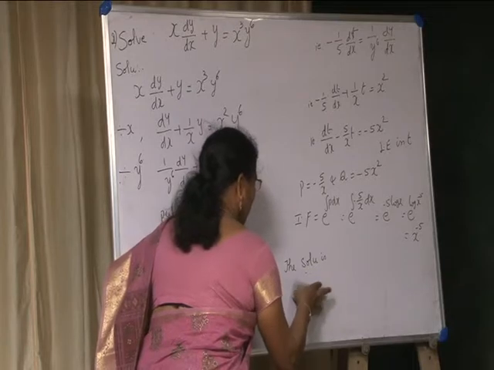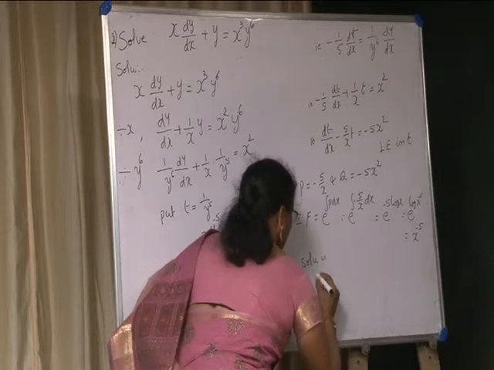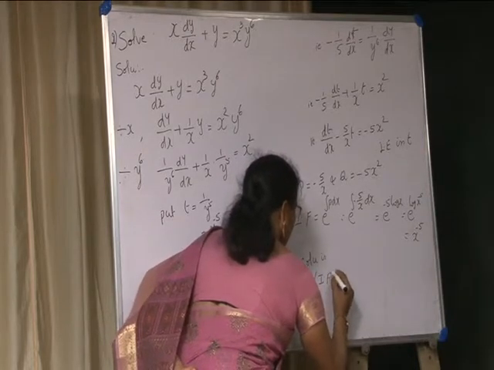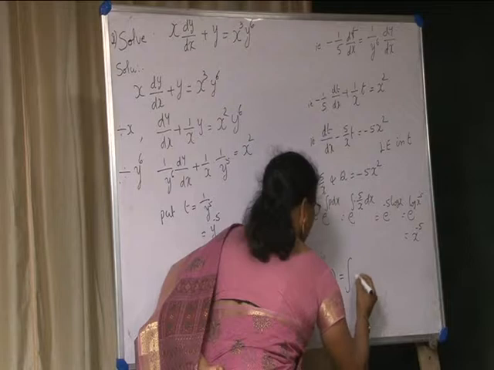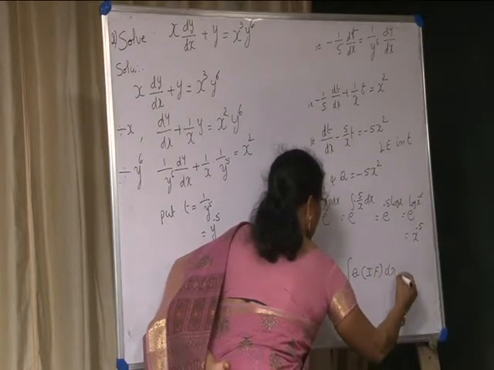In the place of y, we have to write t. Integrating factor times t is equal to the integration of q times the integrating factor dx plus k.